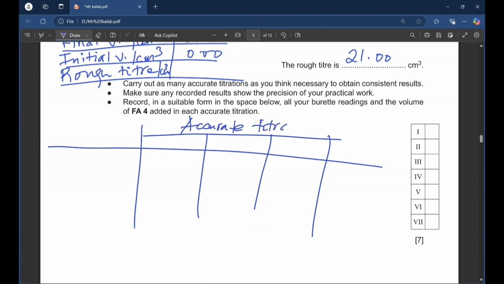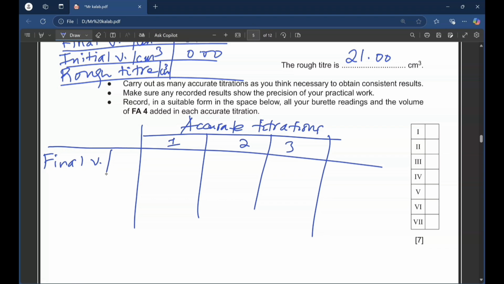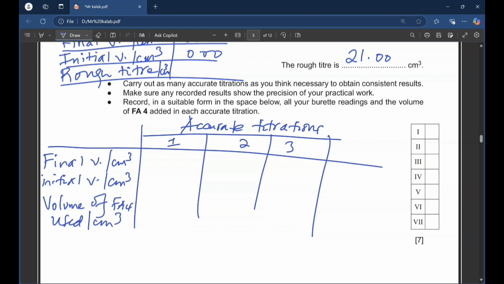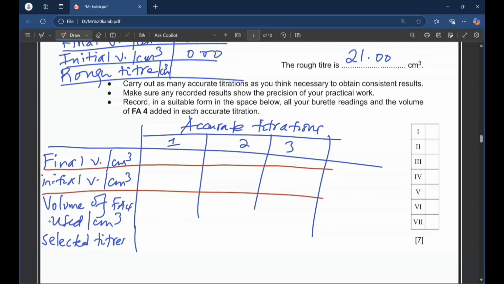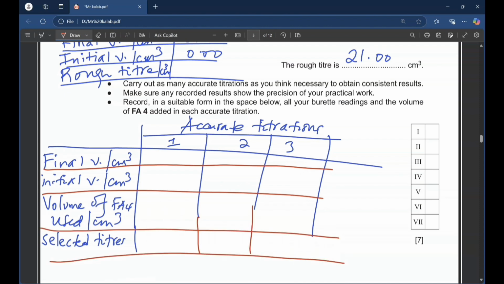And then let's assume that we have performed 3 accurate titrations: 1, 2, 3, and we'll have our final volume in cm³ again, initial volume in cm³ again, and then volume of FA 4 used in cm³, and then we need to add another column, which is selected titers.